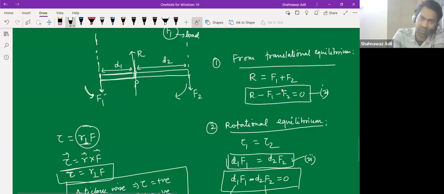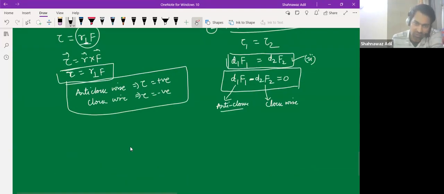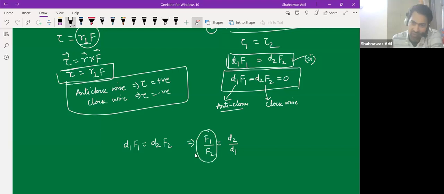From the first equation, what did we get? D1 F1 equals D2 F2, which means that F1 by F2 is equal to D2 by D1. This F1 by F2 is called the mechanical advantage.